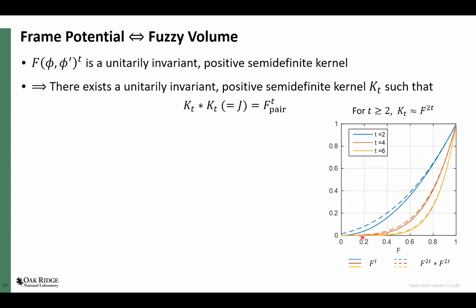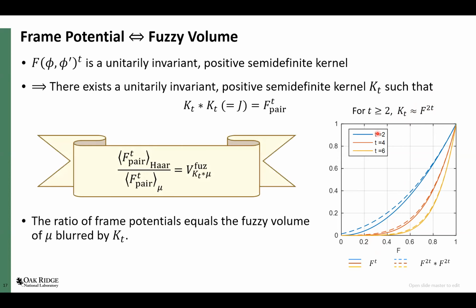The actual fidelity to the t is shown in solid lines, and then this approximation: if you took the kernel function to be f to the 2t and convolved it with itself, would you get f to the t? As you can see, it's not terrible for t equals 2, but as you get to larger t values, it's a pretty good approximation. So it's useful to think of this kernel function as approximately equal to the fidelity raised to the 2t.